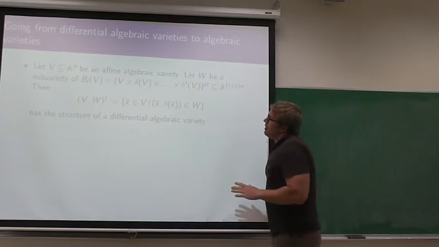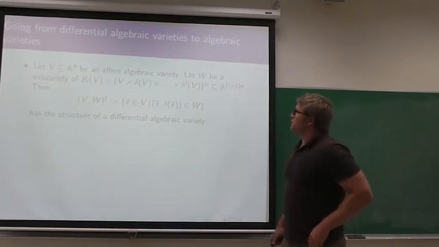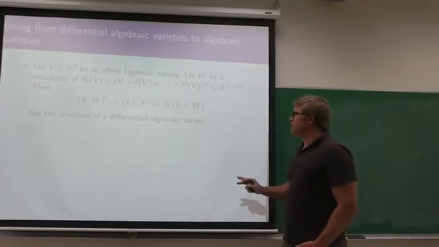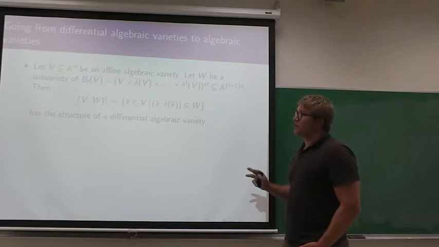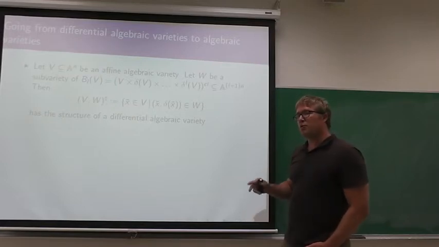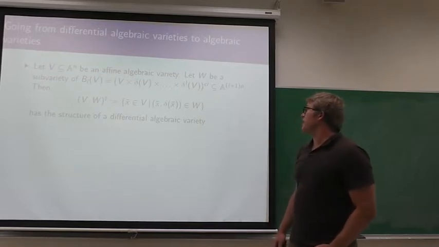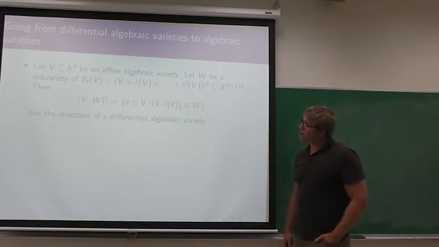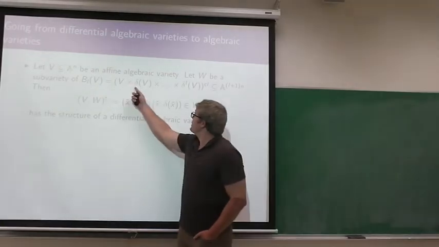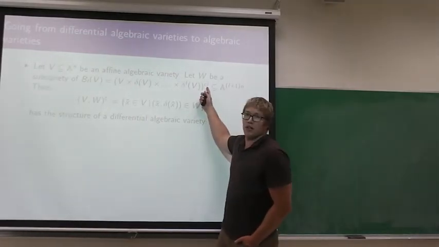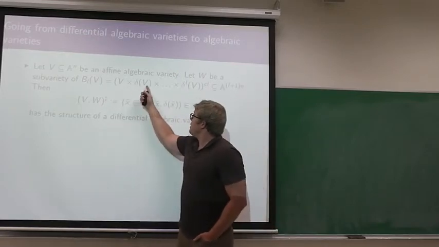I want to use the following notation. This approach is standard, at least amongst model theorists and people doing differential algebra. Take an affine algebraic variety V and consider W a subvariety, the Zariski closure, which I'll write CL, of V and its image under delta.